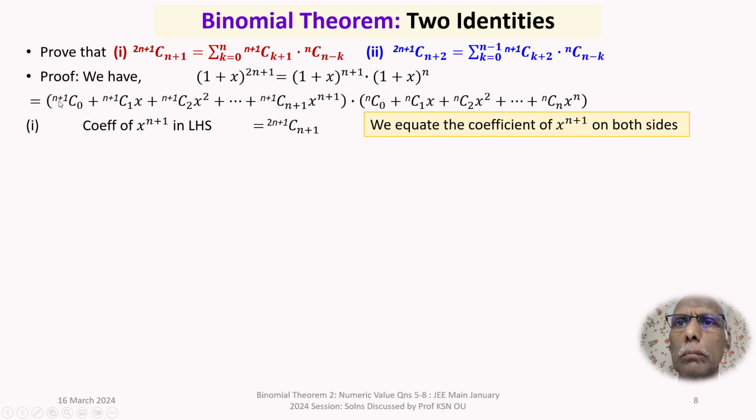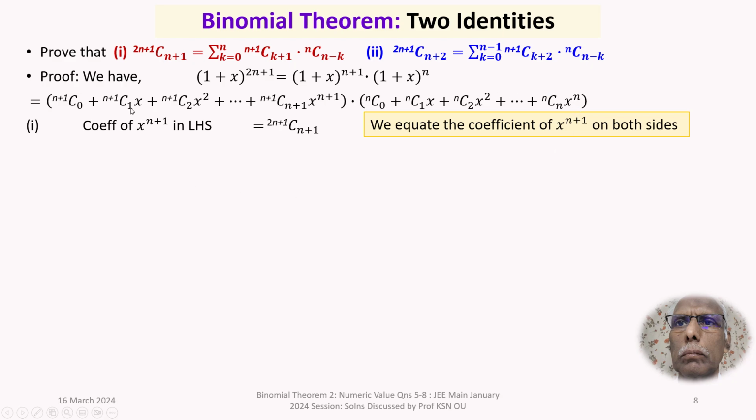So what I will do, if I take n plus 1 C naught, this is the coefficient of 1, and we don't have x to the power of n plus 1 in the next term. So therefore leave that. So take the next one, n plus 1 C1 x. If you multiply by nCn x to the power of n, x and x to the power of n is x to the power of n plus 1.